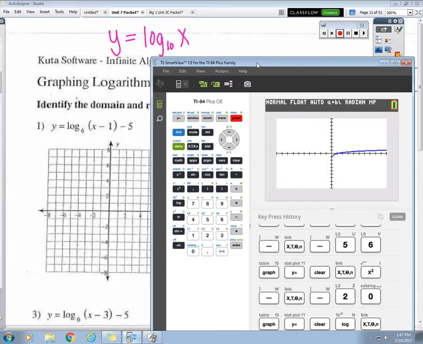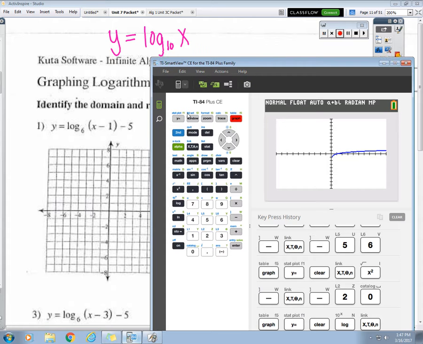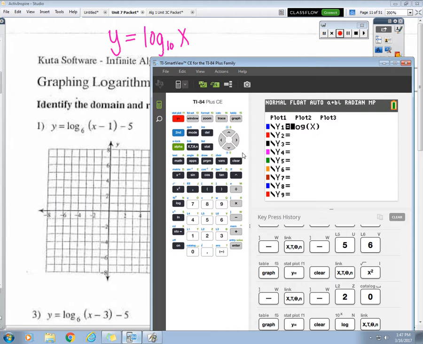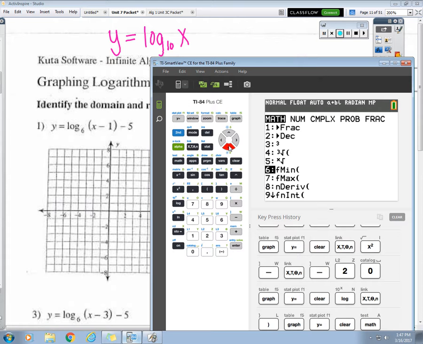Now let's type in our function. But listen, when you type in our function, it is not log base 10. It's log base 6. So you can't just simply use that log button, because the log button that you see right beside the 7 is always base 10. You can only use that button when your base is 10. If your base is something other than 10, you have to go into math, and then you go all the way down until you see the word log base.